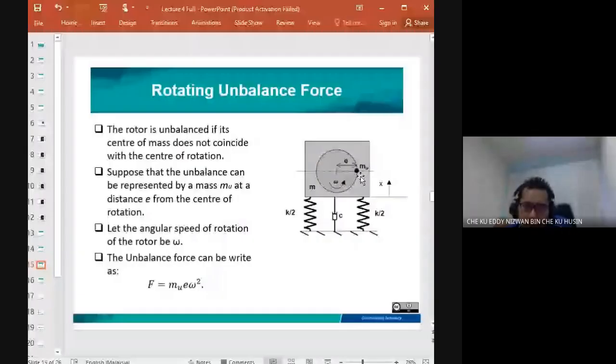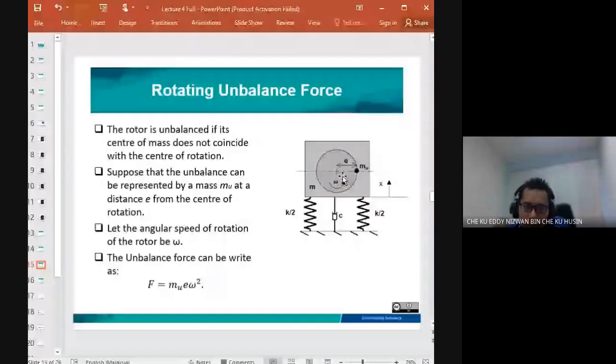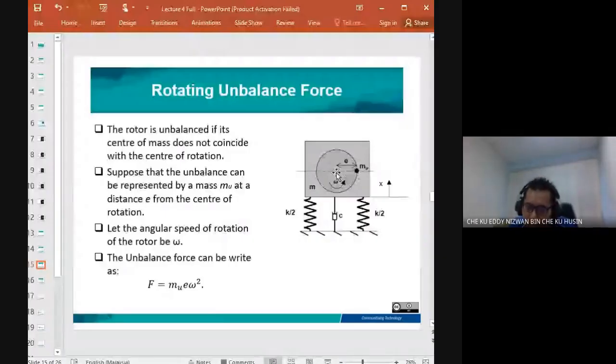So the mass, if you put any unbalanced mass, times the distance to the center of rotation, then times omega squared. So a higher speed produces a higher unbalanced force. That's the example of the rotating unbalanced force.